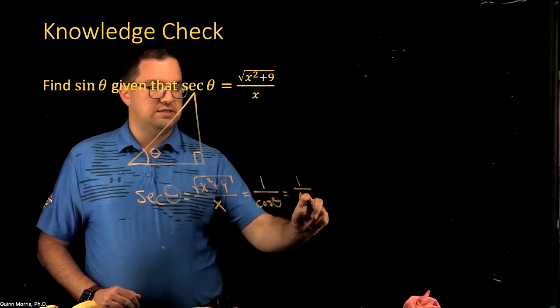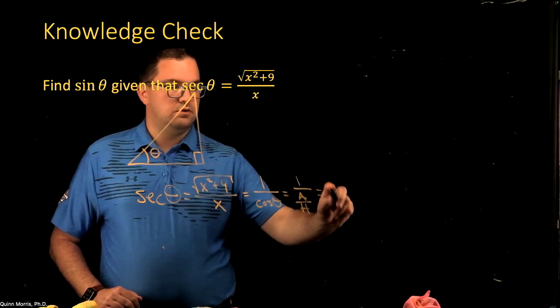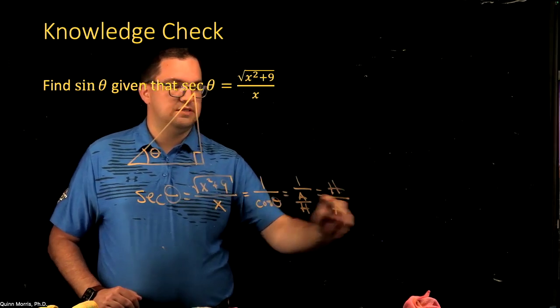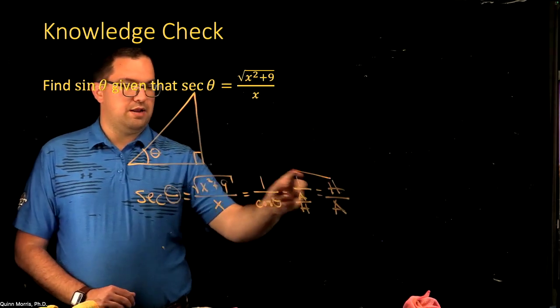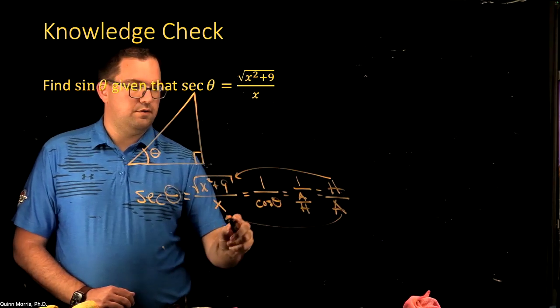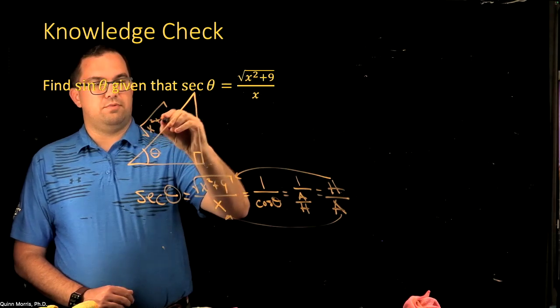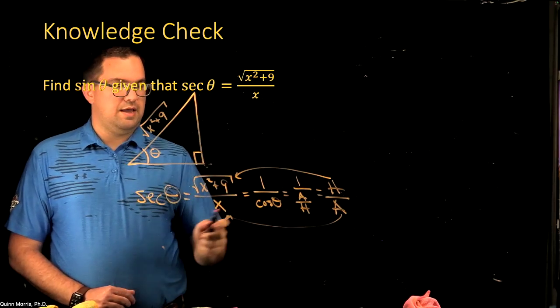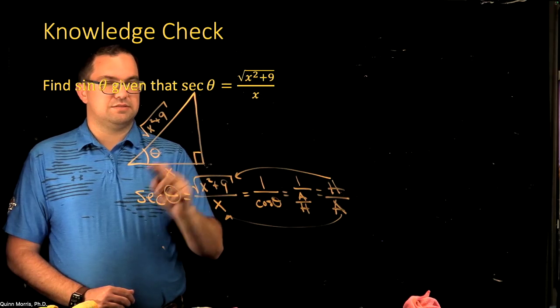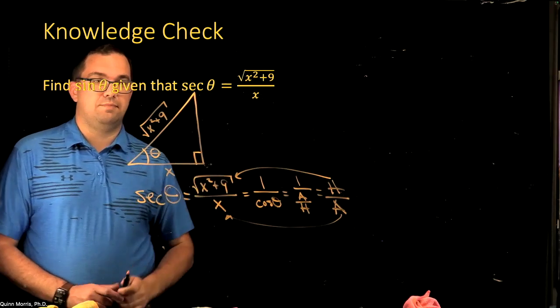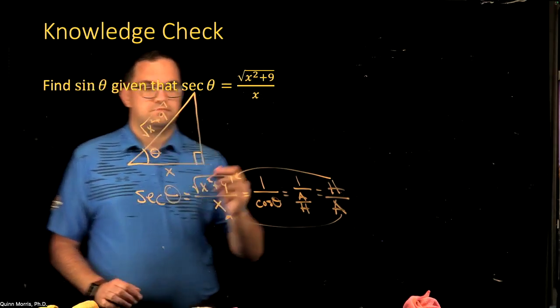That's 1 over adjacent over hypotenuse, or hypotenuse over adjacent. So when I'm creating my reference triangle, I might as well make my hypotenuse be the square root of x squared plus 9, and my adjacent side be x. Now I need to find my opposite side sitting over here.